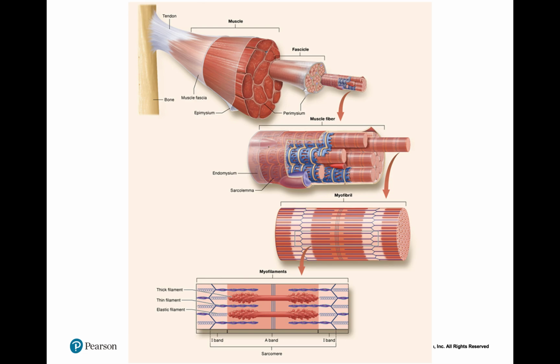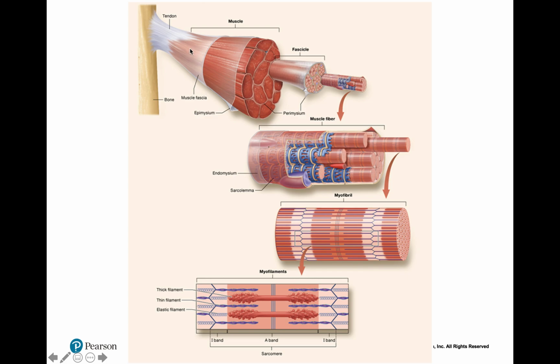It's primarily loose, areolar type connective tissue. There's subcutaneous fascia, which would be the connective tissue right below the subcutaneous layer of the skin, and that would actually intertwine with the muscle fascia, and that helps anchor skin to muscles as well.